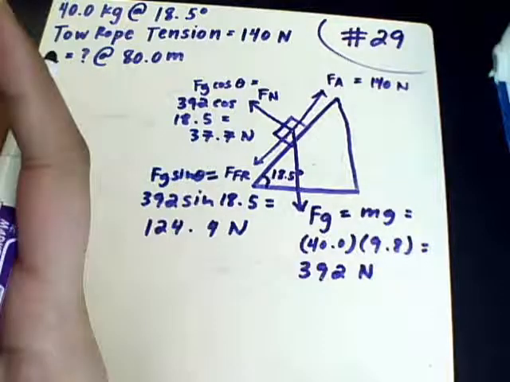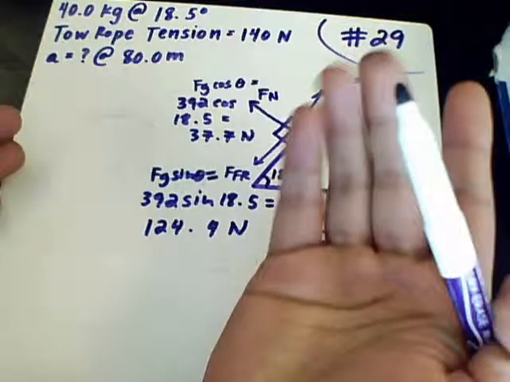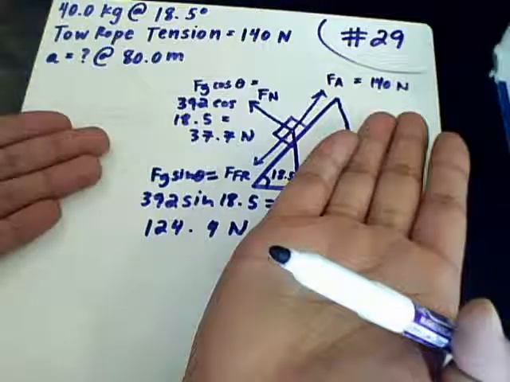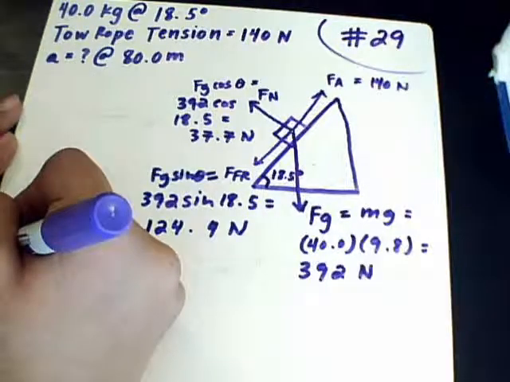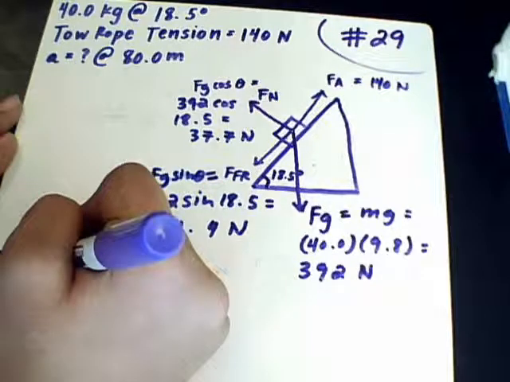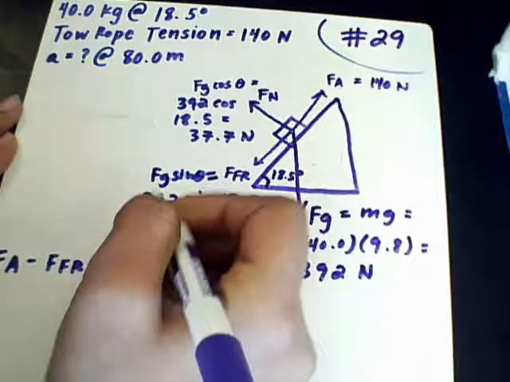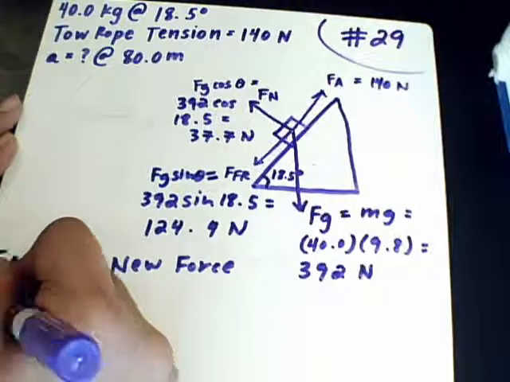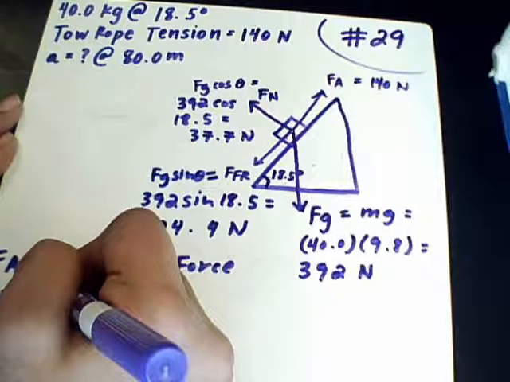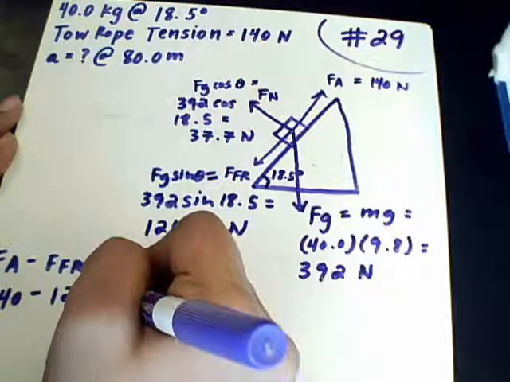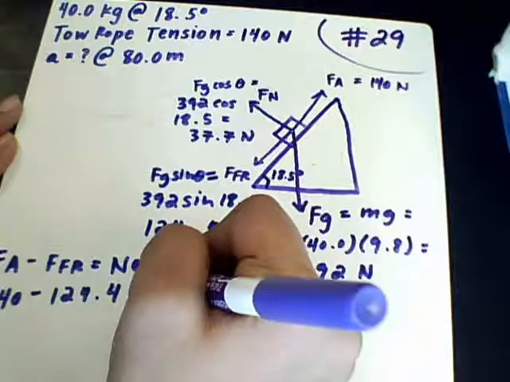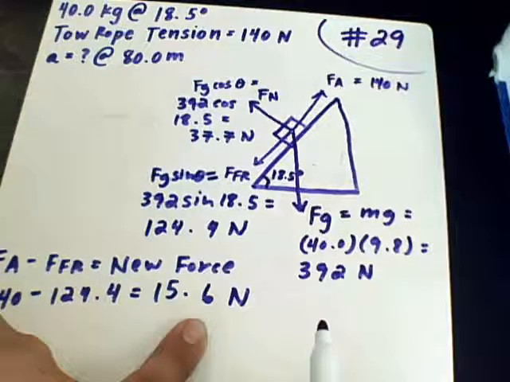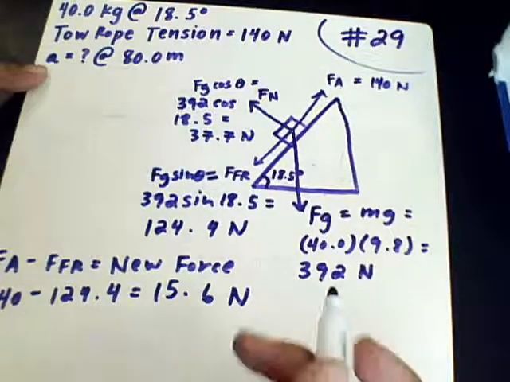To get our new force, we're going to subtract the force of gravity from the force applied. And that is equal to 15.6 newtons.